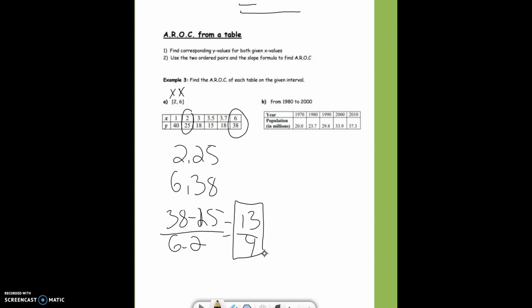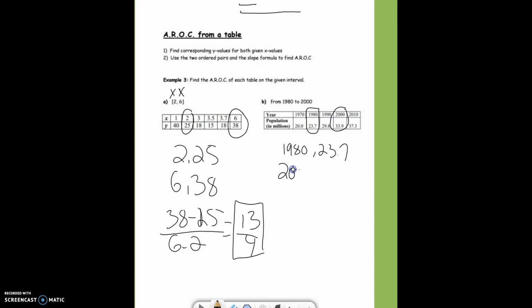All right. Last one is I'm going from 1980. So the year is my X value. Population is my Y value. Okay, so there is 1 point. And then my next one is 2000.